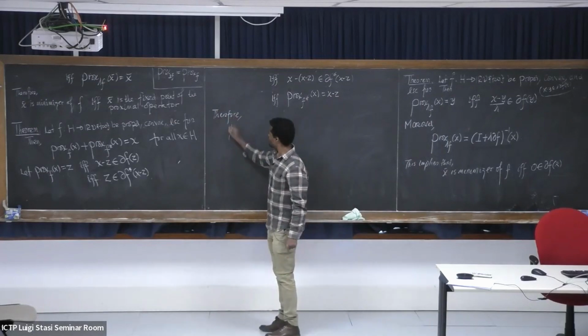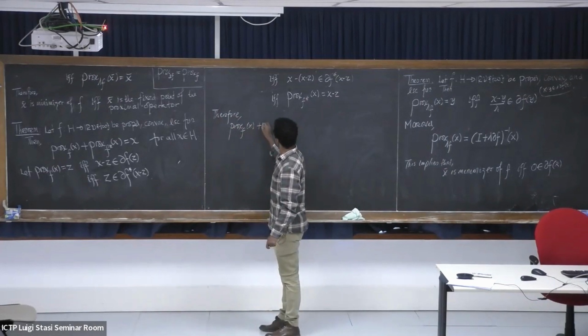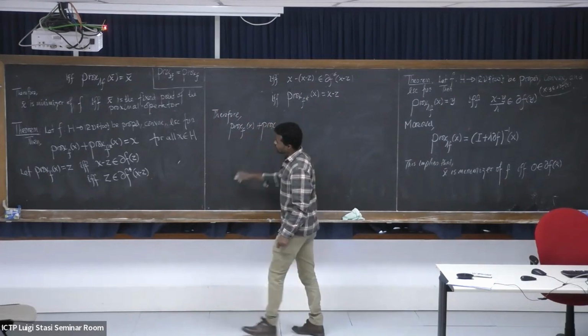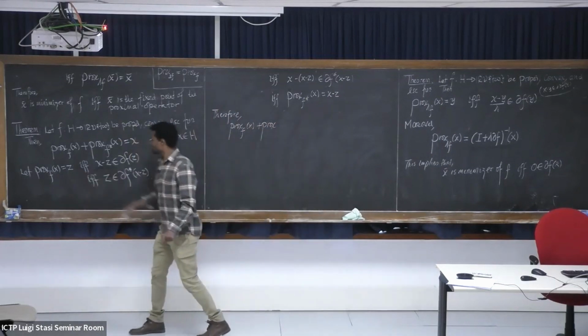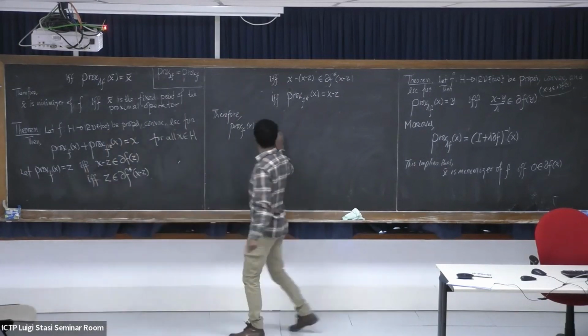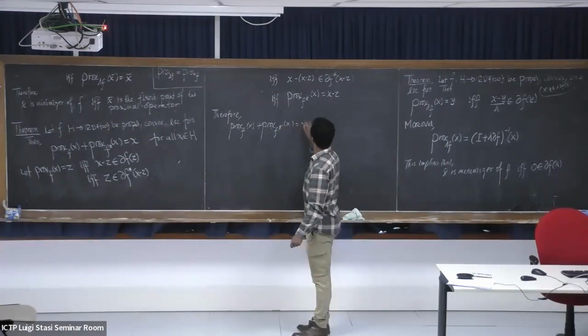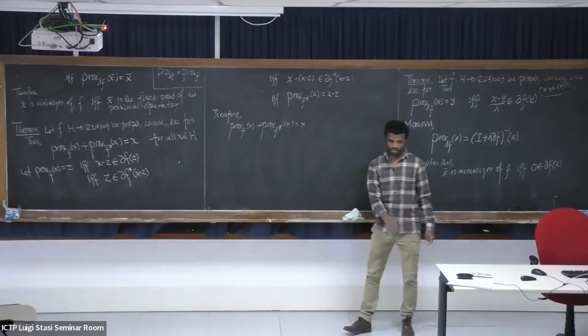So, replacing, we have z here. The proximal of f star of x is x, if you replace c.